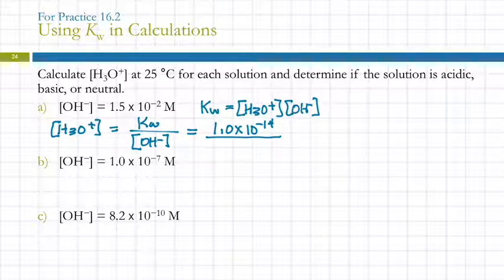And I'm going to divide by this 1.5 times 10 to the minus 2. And again, equilibrium constants don't have units, but the concentrations are always in molarity. So we've got 1e minus 14 divided by 1.5e minus 2. I'll stick with 2 sig figs, 6.7 times 10 to the minus 13.